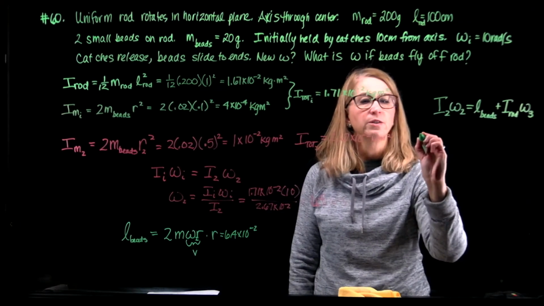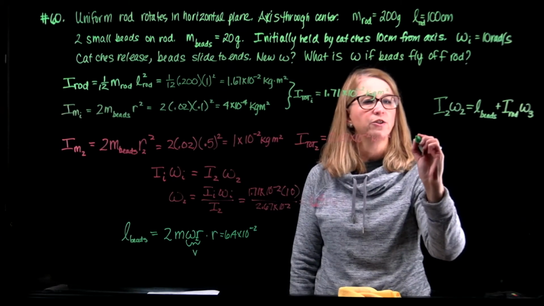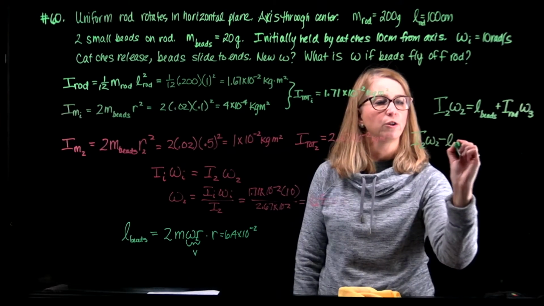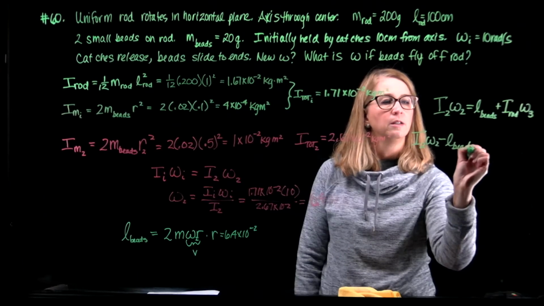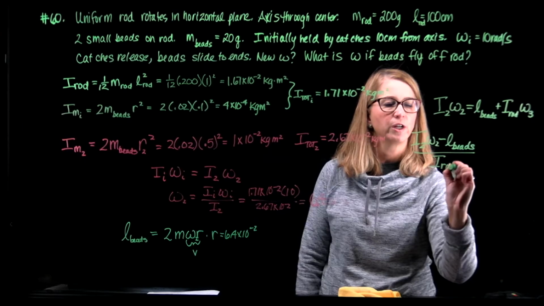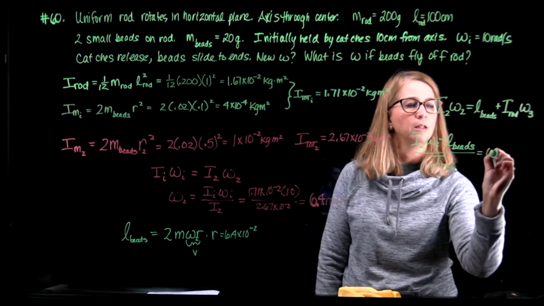So if I want to rearrange this, it would be I2 omega 2 minus the angular momentum of the beads divided by the moment of inertia of the rod would be omega 3.